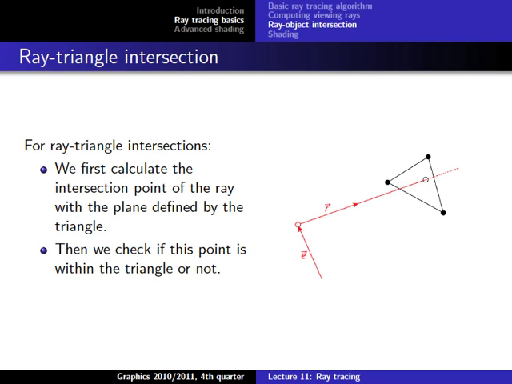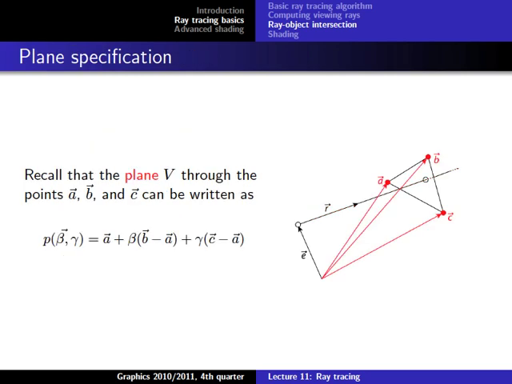So for the ray triangle intersection, like I said, we talked about how to check if a point is within the triangle, but we first, of course, have to calculate the intersection point. So what we do is we first define the plane that goes through the triangle, and this is again the parametric representation of the plane.